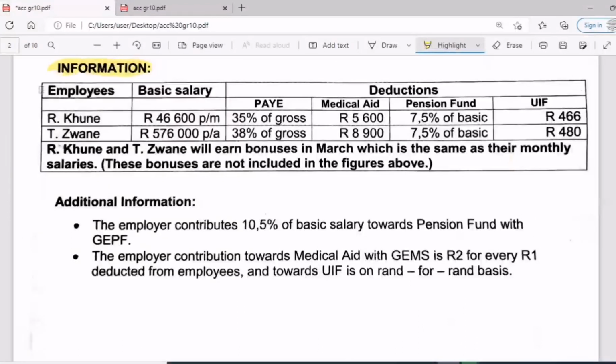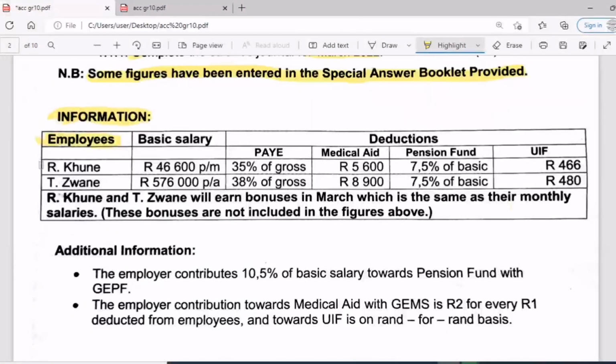We've got 2 employees working in this business, Siyazenzela Traders: Kune and Tizwane. These are employees employed by the business. And then we are also given the basic salary for each employee. Kune is earning 46,600 per month.